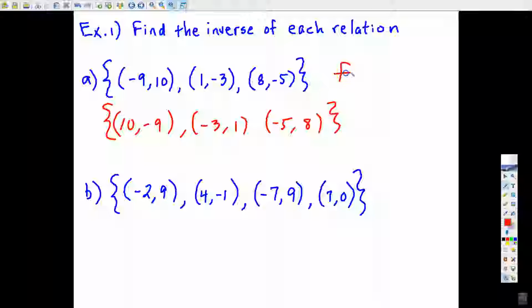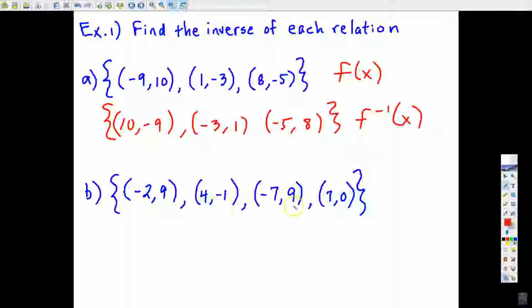So if this were the function called f of x, what I have here would be called the inverse of f, and this is how it's written. That little -1 looks like an exponent, but it reads as the inverse of f. Okay, so letter B, again, I don't think we need to do this, but you get the idea.